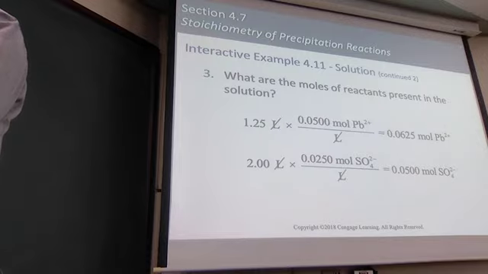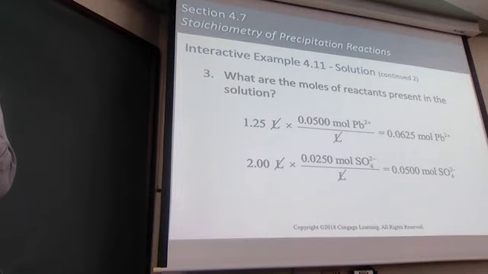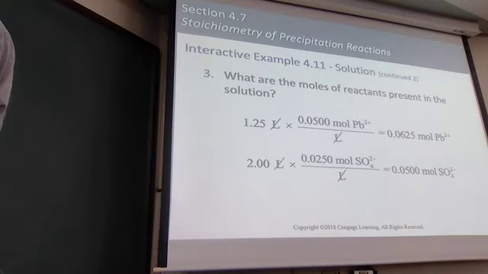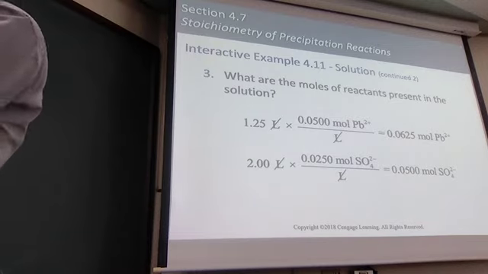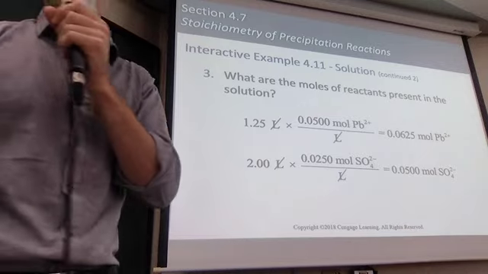So what is the limiting reactant for the precipitation reaction? Sulfate, right? It has less moles. So in the reaction we need the same amount of lead and sulfate. So the one which has less will form less product overall.